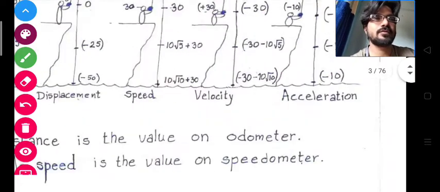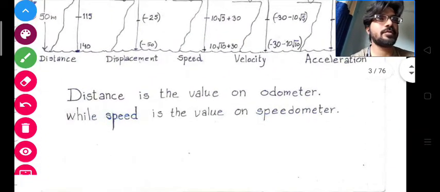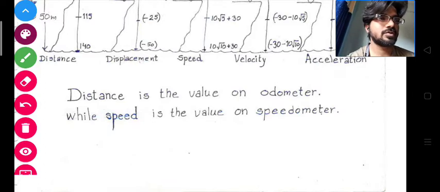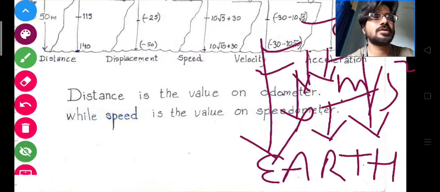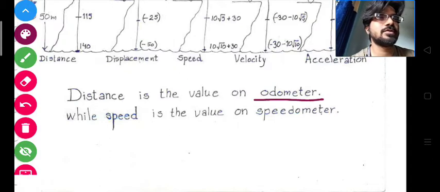If we go to the next, distance is the value on the odometer while speed is the value on the speedometer. So the odometer gives the distance. You have an odometer in your vehicle that always gives you the distance covered, not the speed, not the direction, but only the distance.